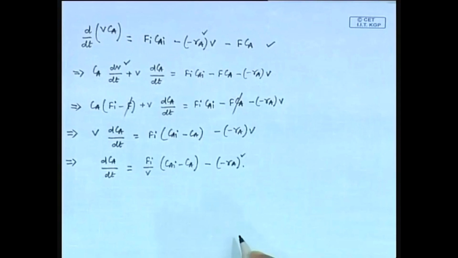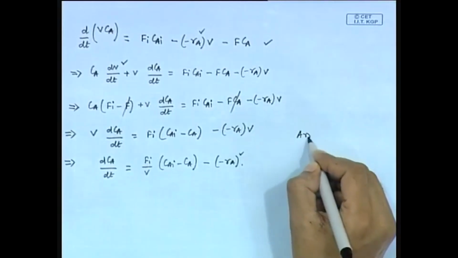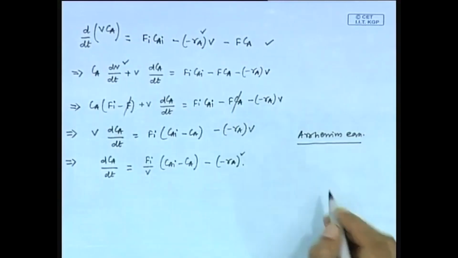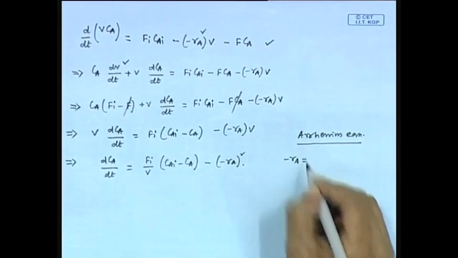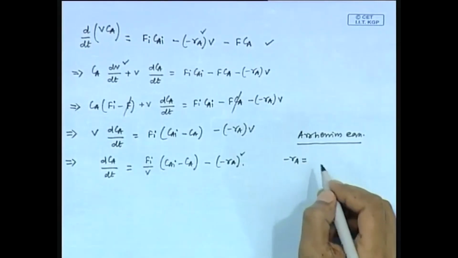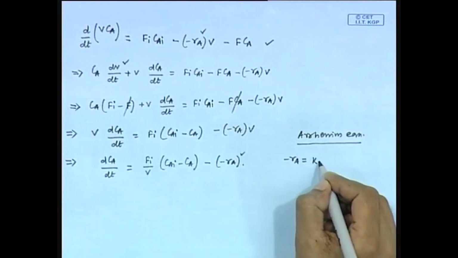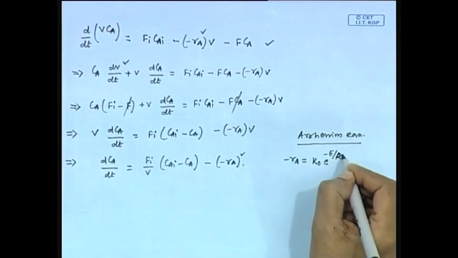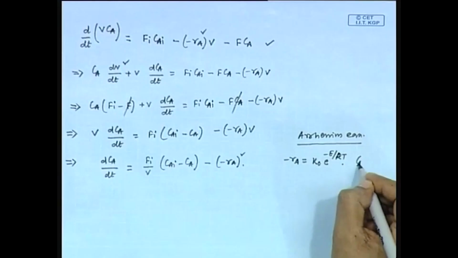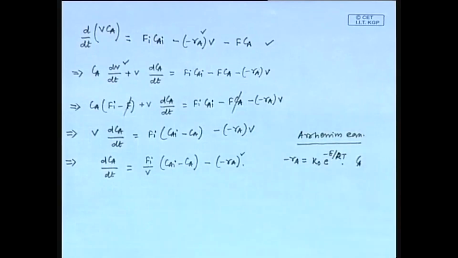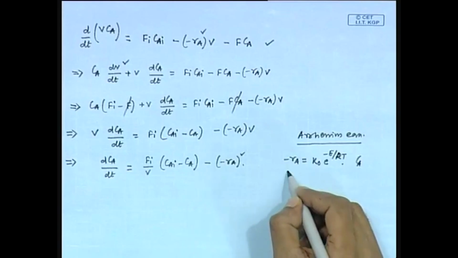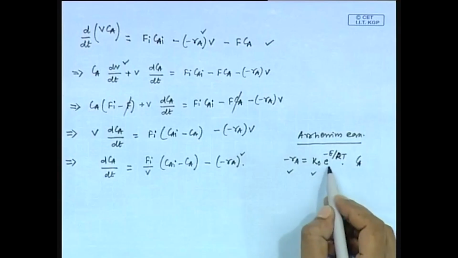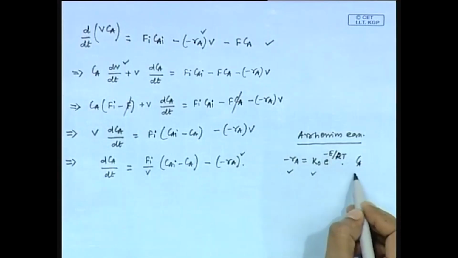Now, if we consider Arrhenius equation, then accordingly we can write minus of Ra equals K naught exponential of minus E divided by RT into Ca. According to the Arrhenius principle, the reaction rate equals pre-exponential factor, then exponential of minus E divided by RT, Ca.